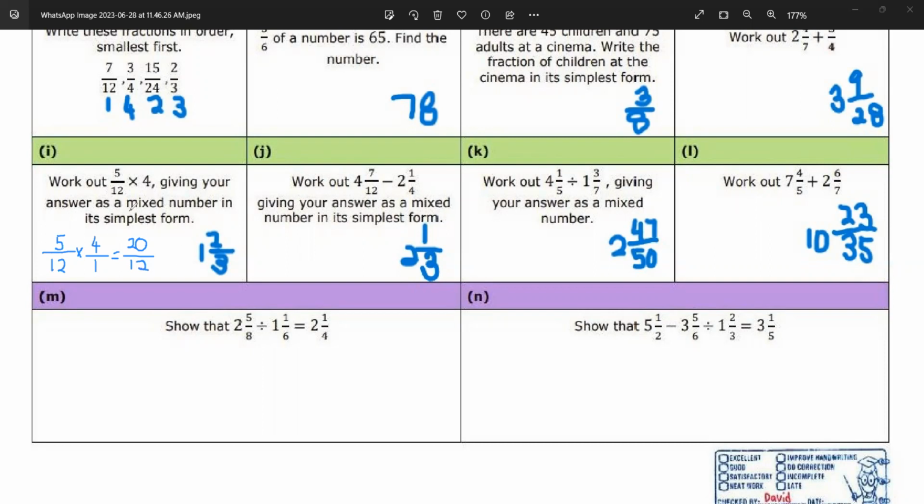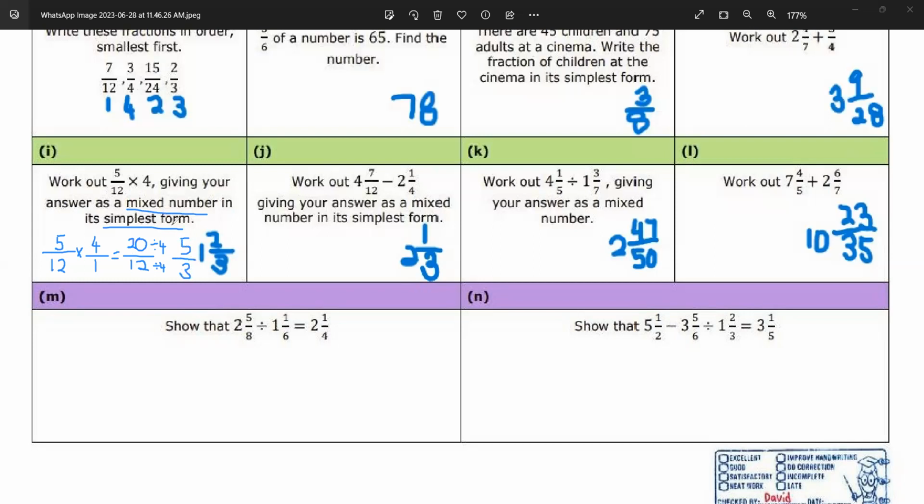Then we need to make it become a mixed number in its simplest form. So we'll simplify it. For me, I'll divide it by 4. 20 divided by 4 will get 5, and 12 divided by 4 will get 3.